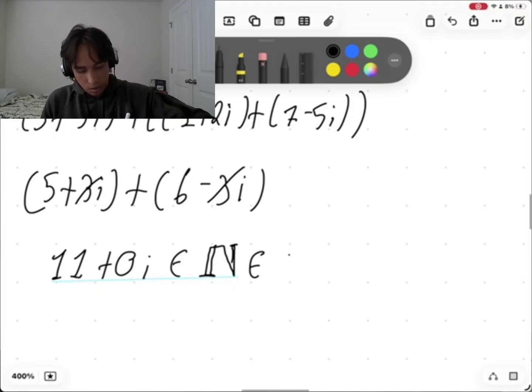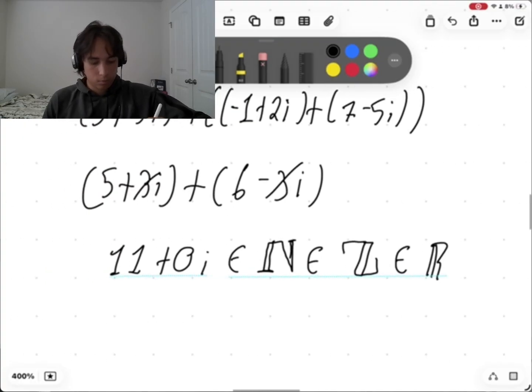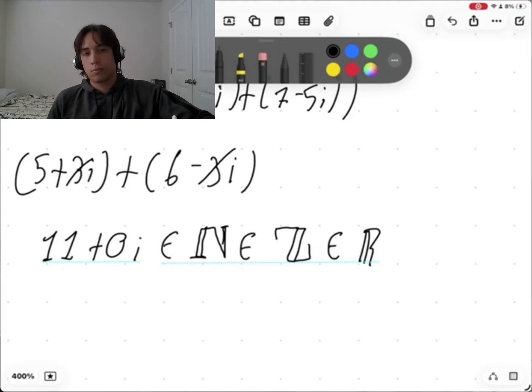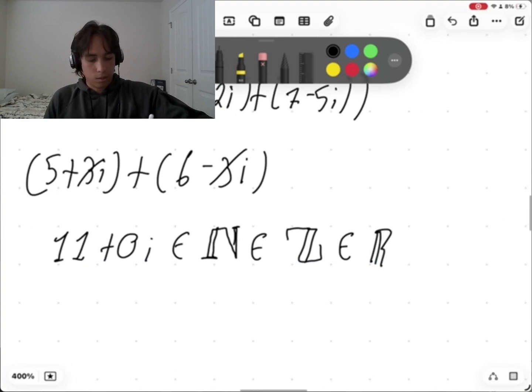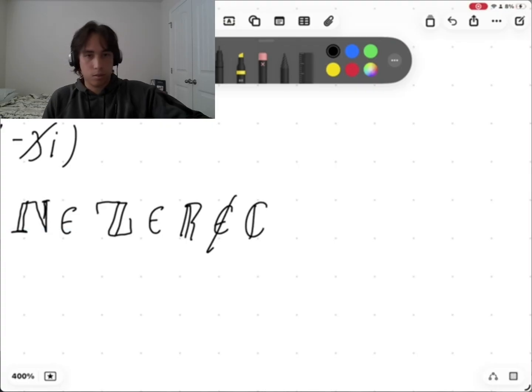Which is part of the integers, which is part of the real numbers. But since the imaginary part is 0, it is not part of the complex number system.